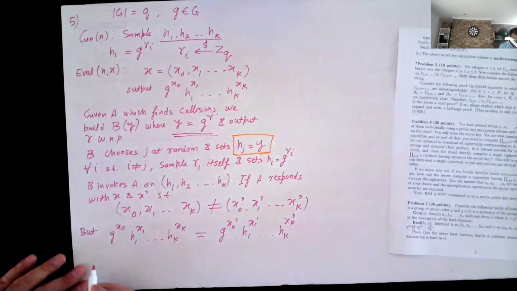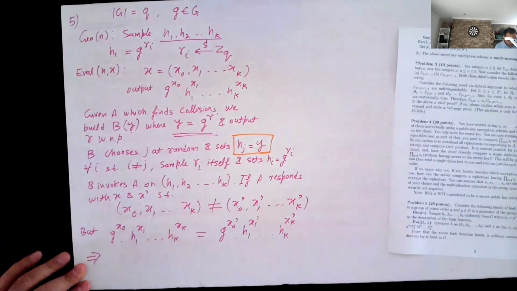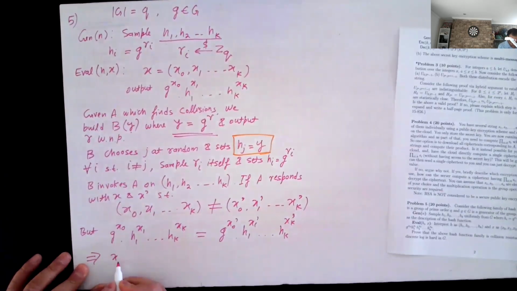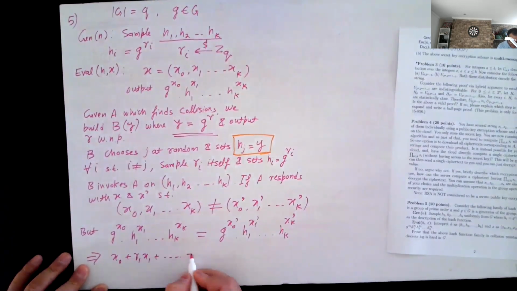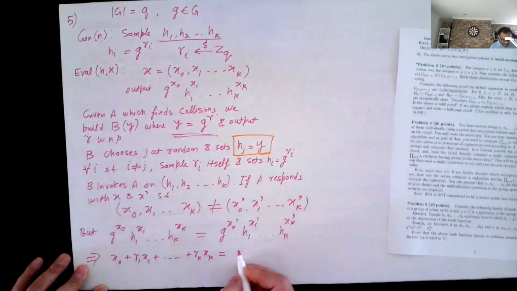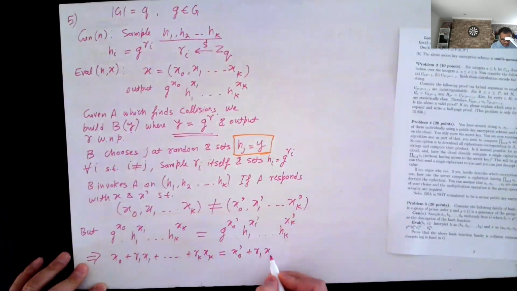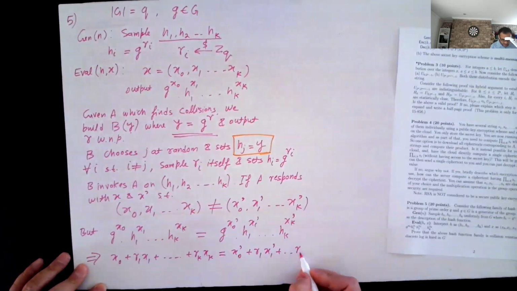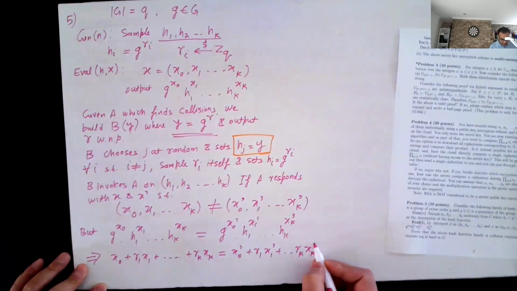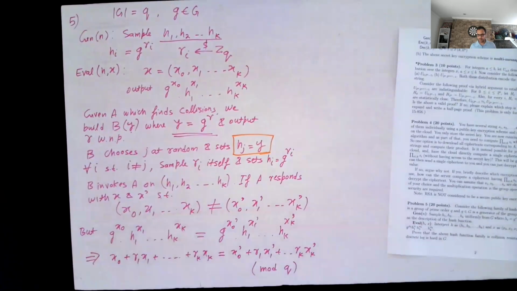So this also means that x0 plus r1 x1 plus ... rk xk is actually equal to x0 prime plus r1 x1 prime plus ... rk xk prime, and this is mod q because q is the order of the group, right?